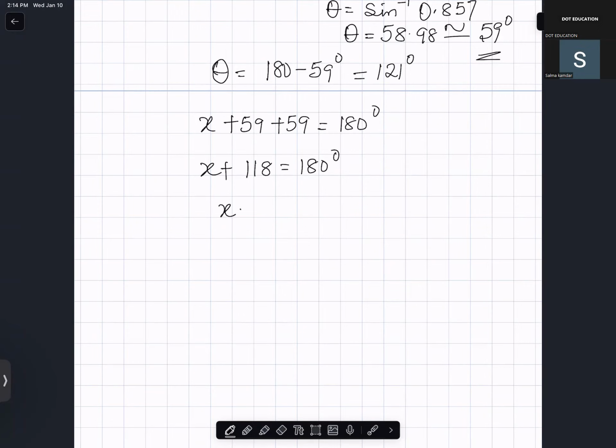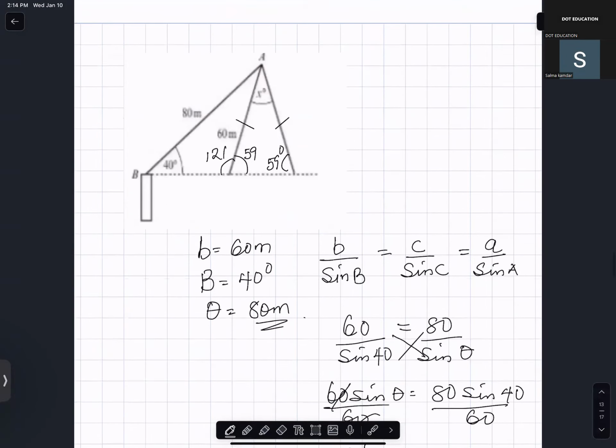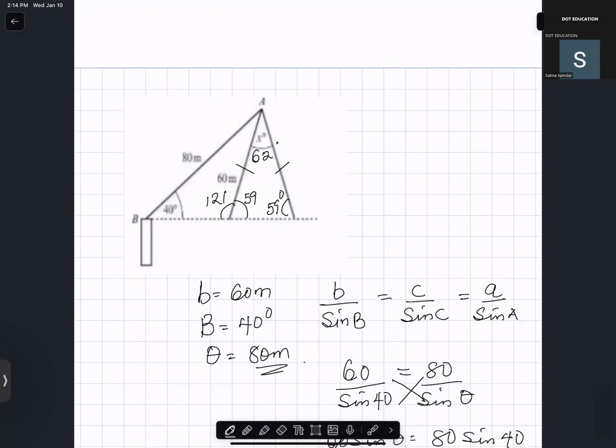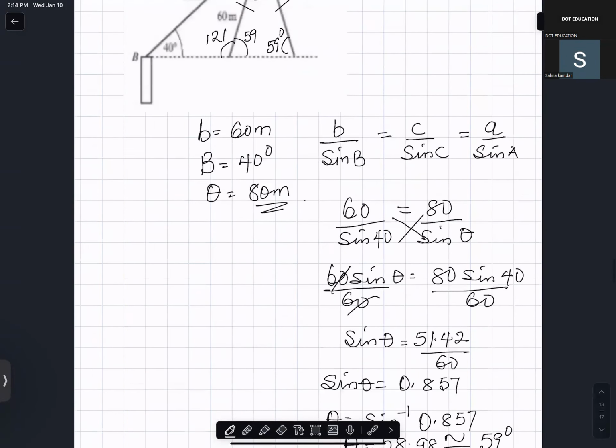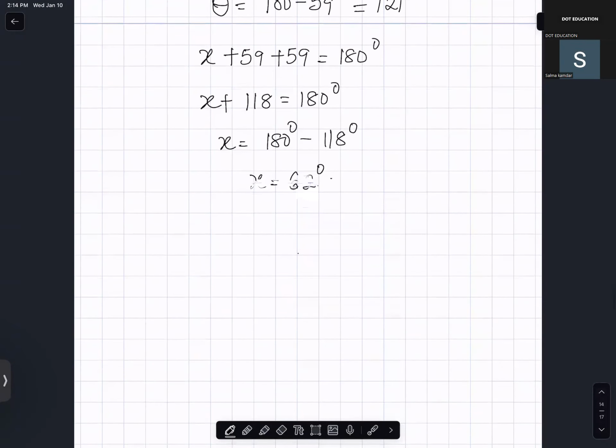So x will be 180 degrees minus 118 degrees. So what do we have? We have x as 62 degrees. So we've gotten our x value here as 62 degrees. So that is for our first question.